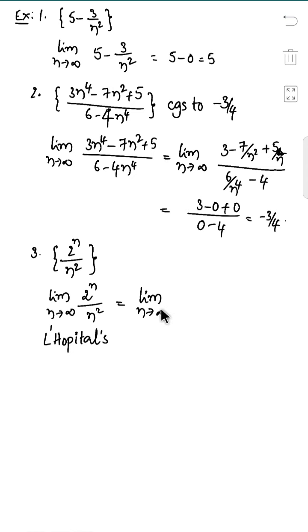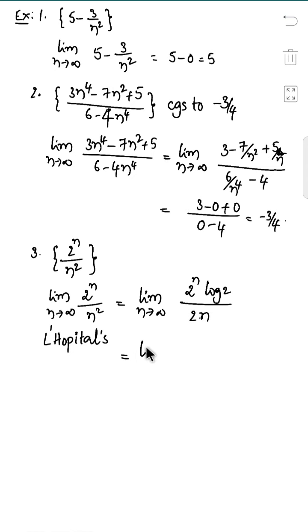You differentiate the numerator and the denominator separately. So it becomes 2 to the power of n log 2 divided by the differentiation of x square, which is 2x, right? You consider it as 2 into n. So again this is in the form of infinity by infinity. You need to differentiate again.